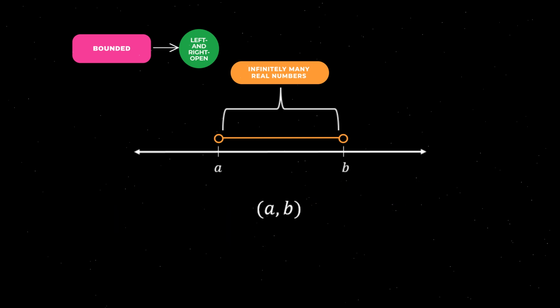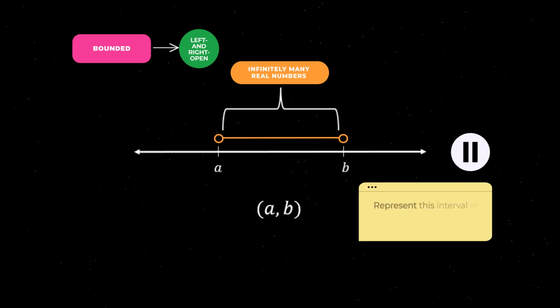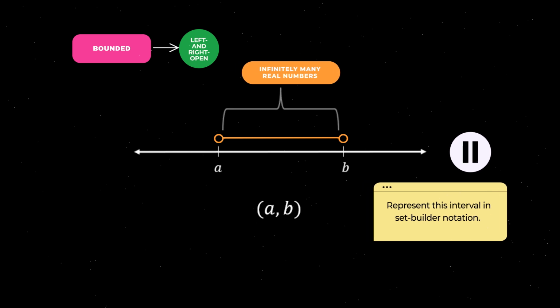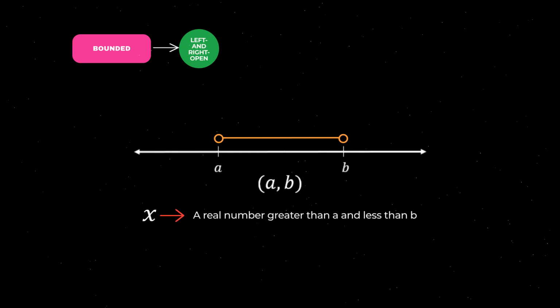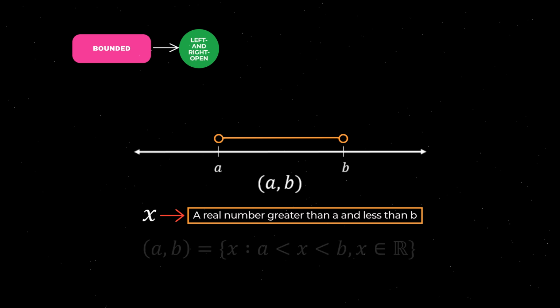As a review exercise, pause this video and try to represent this interval in set builder notation that you learned about in the previous tutorial, and when you have finished, press play and I will go through the solution. Okay, to represent this interval in set builder notation, we first define a variable x as a real number greater than a and less than b, and then we build the number set using curly brackets as shown here.